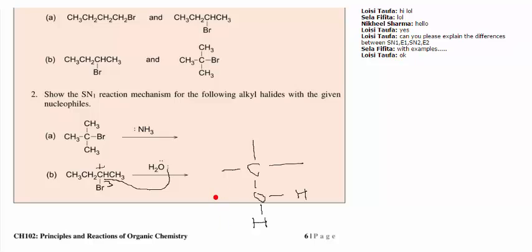Since this oxygen now has 3 bonds to it, as opposed to its natural stable form which only forms 2 bonds, this oxygen will have a positive charge on it.